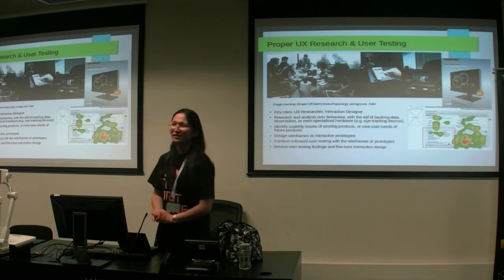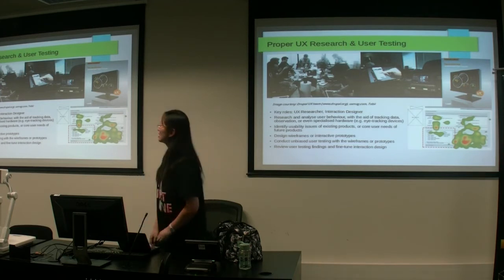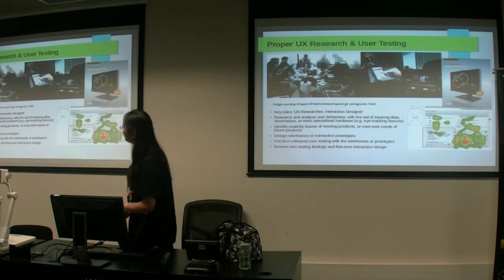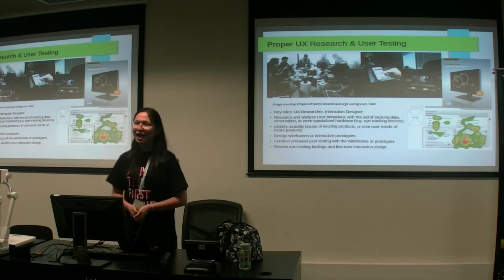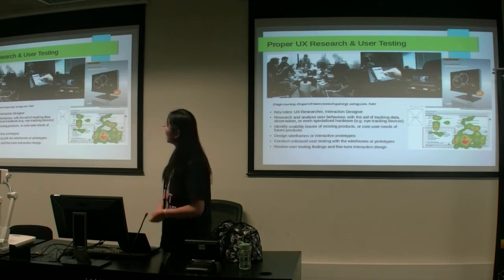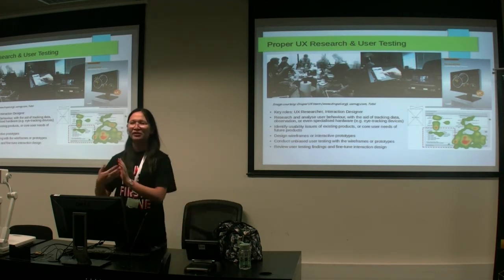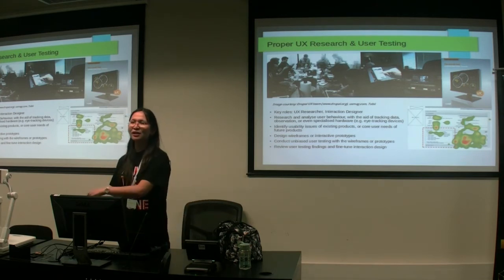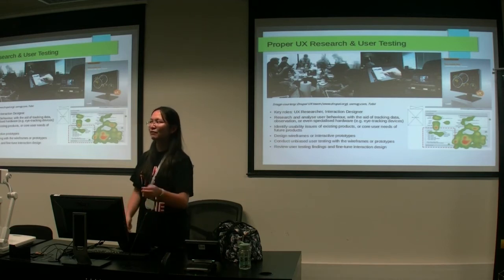UX is quite a new topic, and the term just appeared around a decade ago. What these people do is research and analyze user behavior, through observation or with the aid of some tracking data. For example, if you're doing a website or a software product, you can add tracking code to particular buttons and links, and then see how many people actually click through them, and find out what path they use.